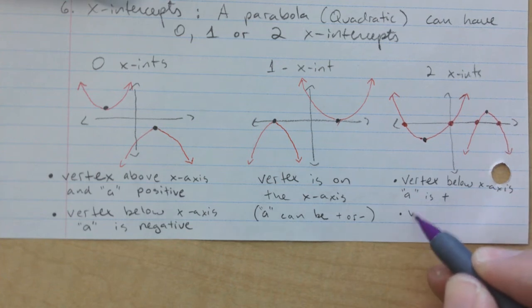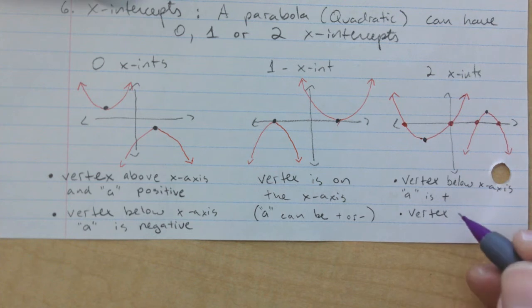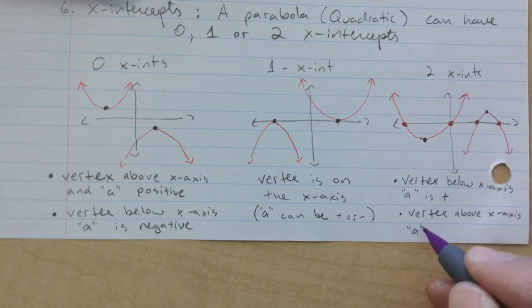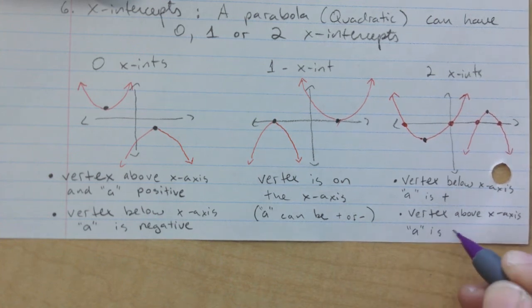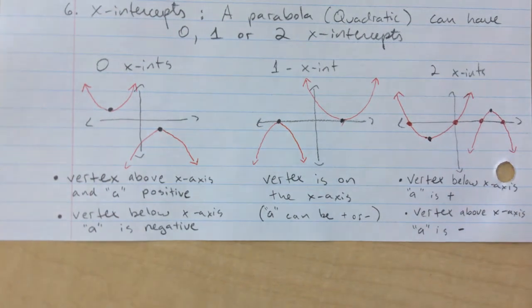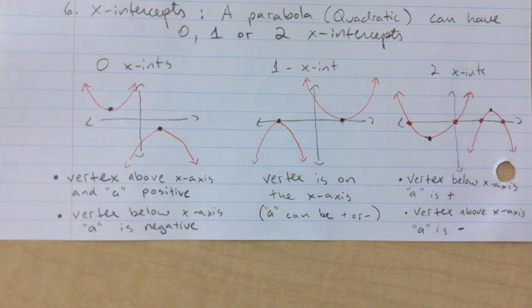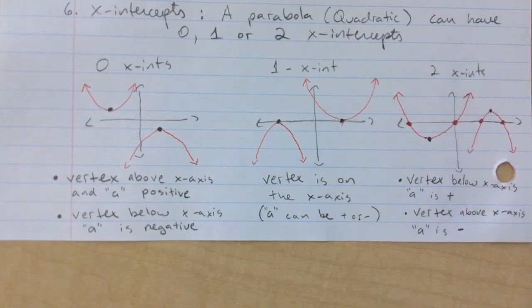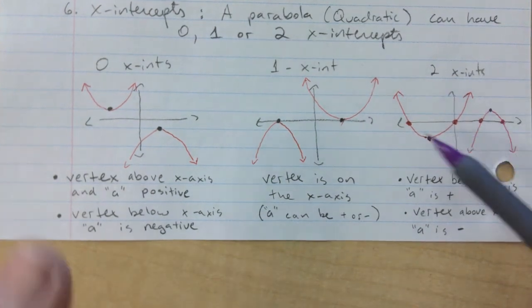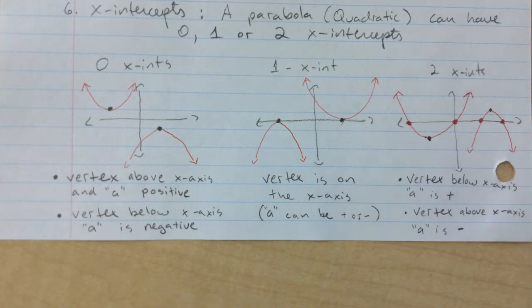Or vertex above x-axis, and A is negative. So you can kind of try to, after today, look through these notes and internalize this, right? But if the vertex is below and A is positive, obviously it's going to cross twice, right? Because it always has two legs. It's the vertex and two legs, right? Doesn't matter which way it's pointing, always has two legs.